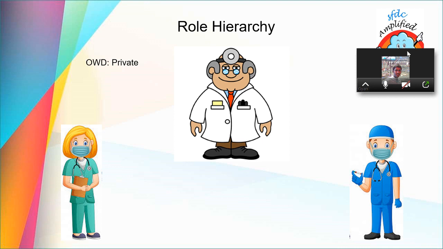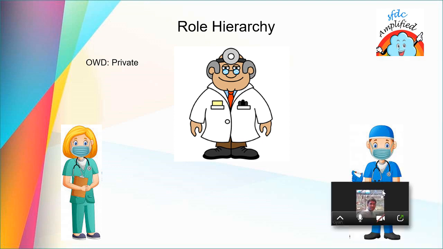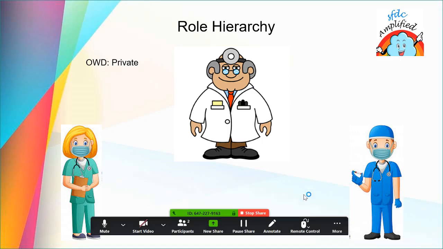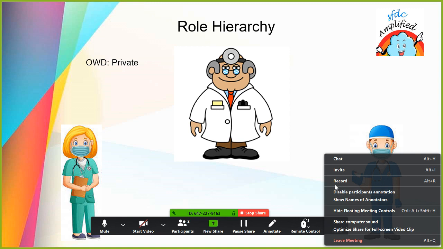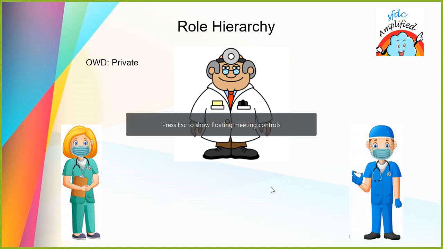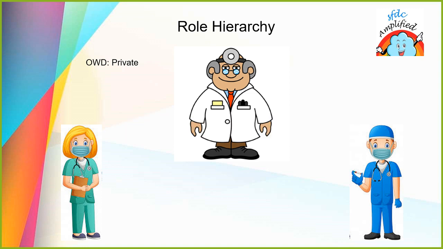So let's understand with the help of what is happening recently. Okay, so we have to understand what is role hierarchy. If you see, there is Doctor 1 and Doctor 2.